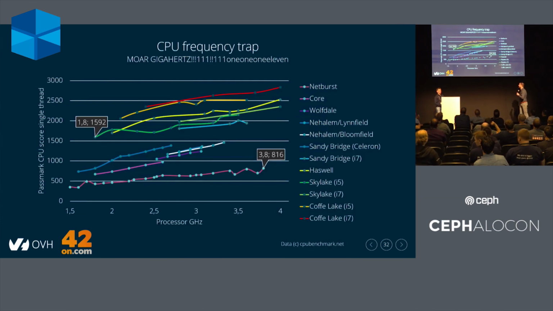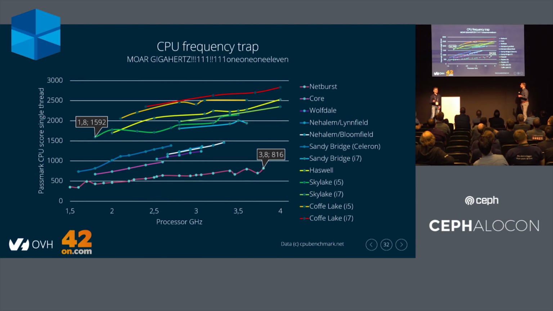Another thing to take care of when you are picking the CPU is the CPU frequency trap, because some people believe that you should get the fastest CPU you can in terms of frequency. It's not true. As you can see by this graph, we are standing between 1.5 and 4 gigahertz in all cases in different architectures, but we are going up in terms of performance.